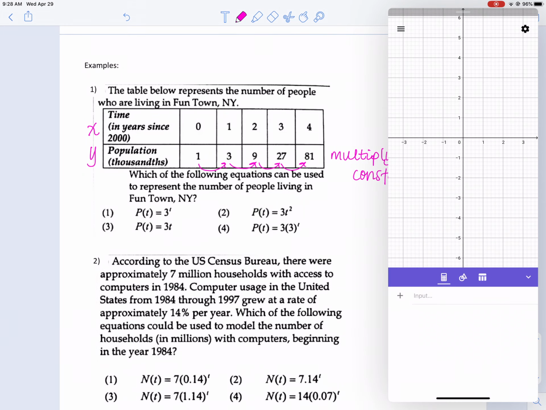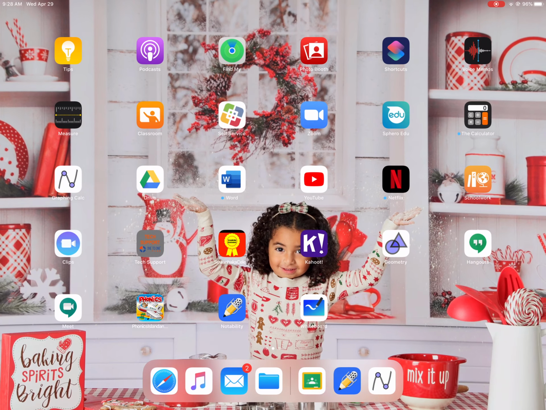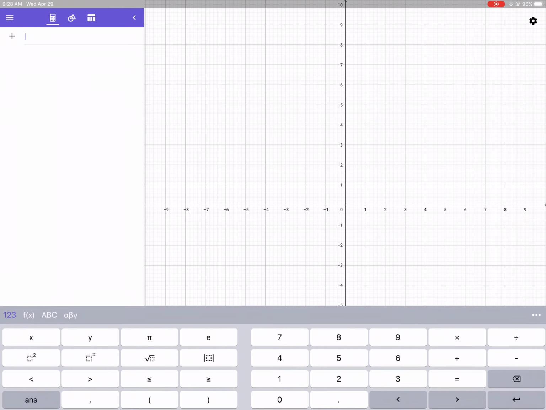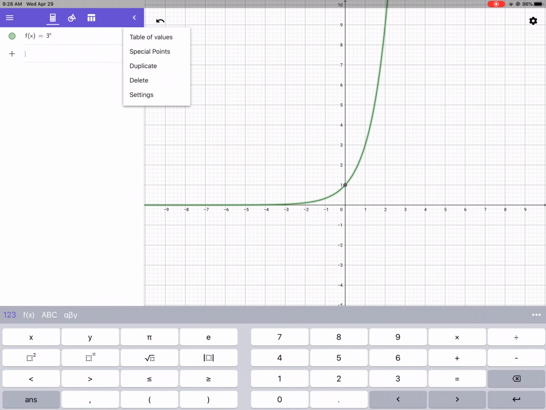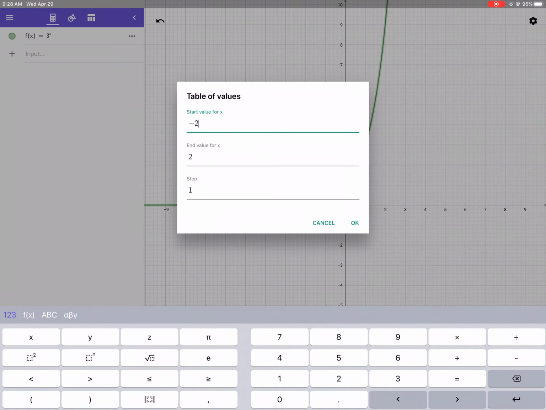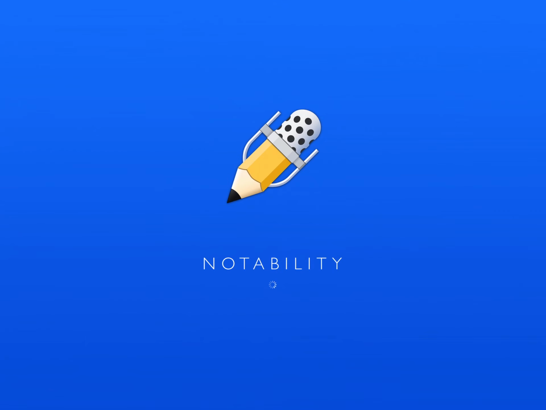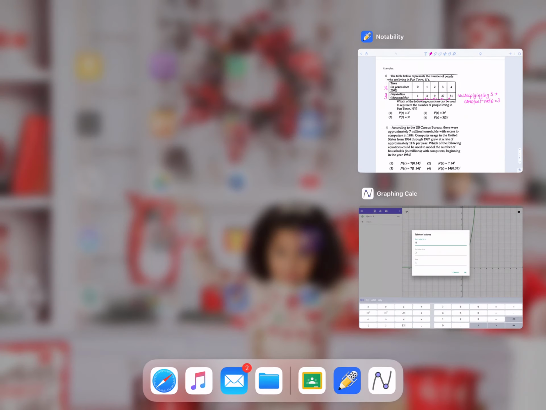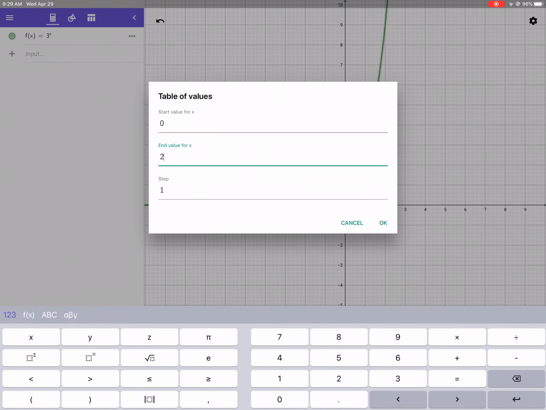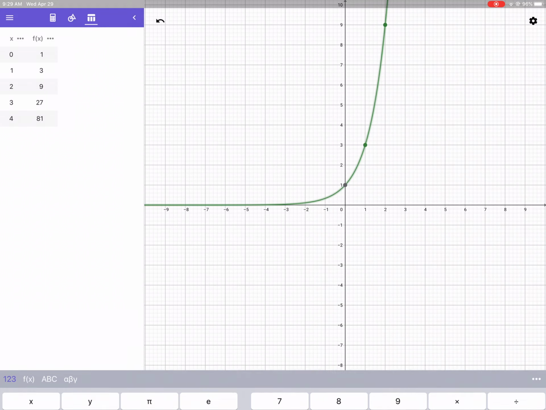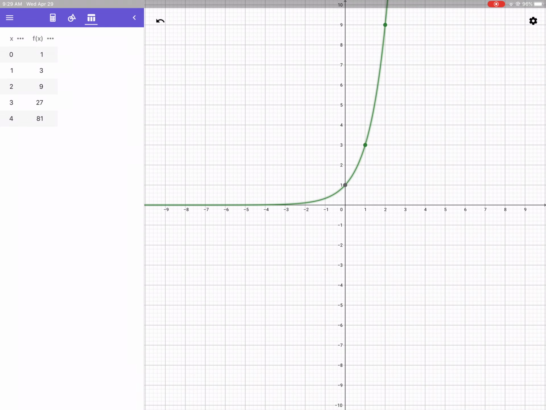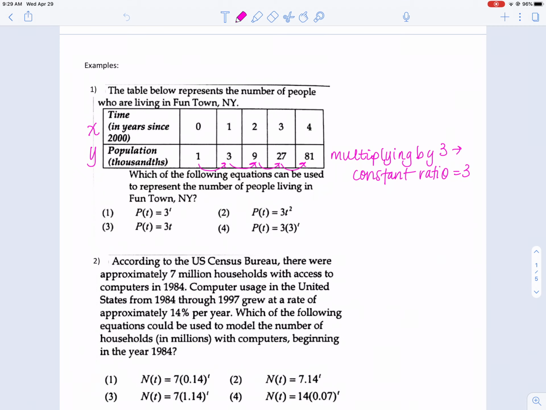So if I go 3 to the x, and I go to my table of values, that one went from 0 to 4. So if I go 0 to 4, and I look at my table, 1, 3, 9, 27, 81. Jackpot. Exponential. That's my answer.